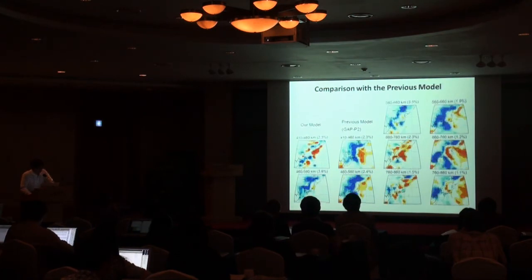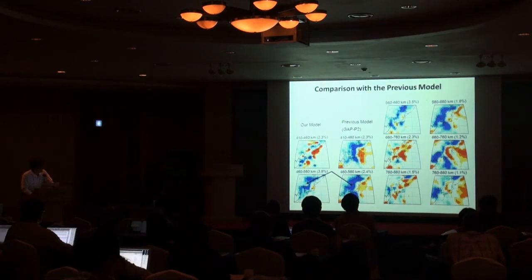Looking at the structures in the transition zone, we can confirm the high velocity anomalies associated with stagnant slabs. But in our model, we can clearly confirm a hole in the stagnant slab.